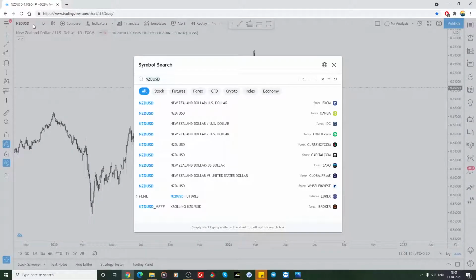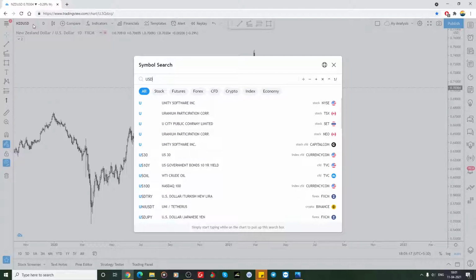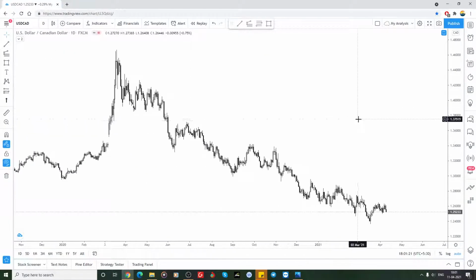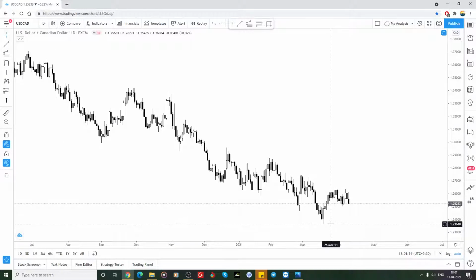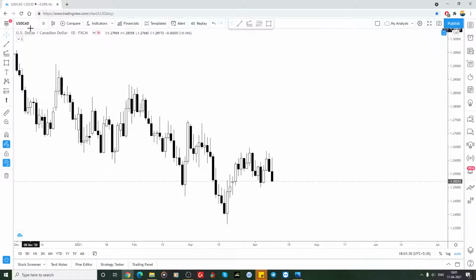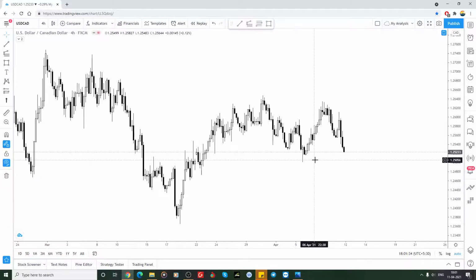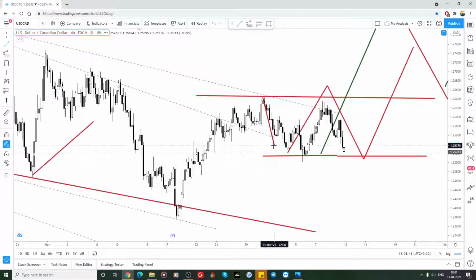So next we will move on to USD CAD. USD CAD also, it's an impulsive wave from bottom to the top and beyond that an ABC formation. So now I'm expecting this low may break. After that it's looking like an ABC here.